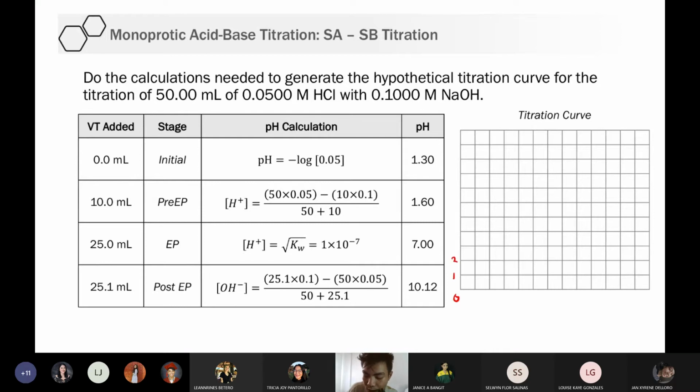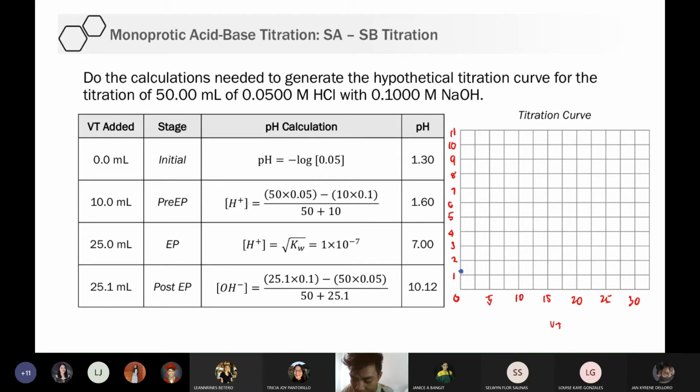So ito pH 1, 2, 3, 4, 5, 6, 7, 8, 9, 10, 11. On the horizontal axis, I have the volume of titrant. Siguro gawin ko ang increments ko by 5, 10, 15, 20, 25, 30. So if I graph the pH with respect to the volume of titrant added, it will look like this.